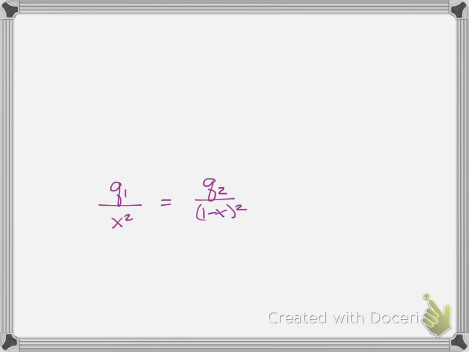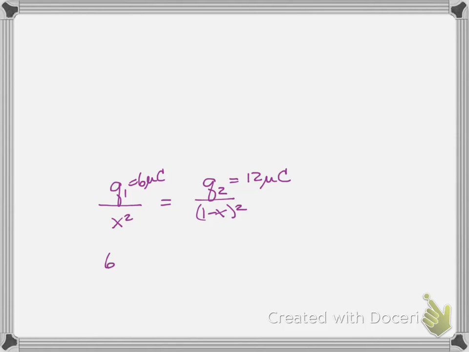Now let's say Q1 is 6 microcoulombs and Q2 is 12 microcoulombs. I made up the numbers. What does micro mean? 10 to the minus 6.